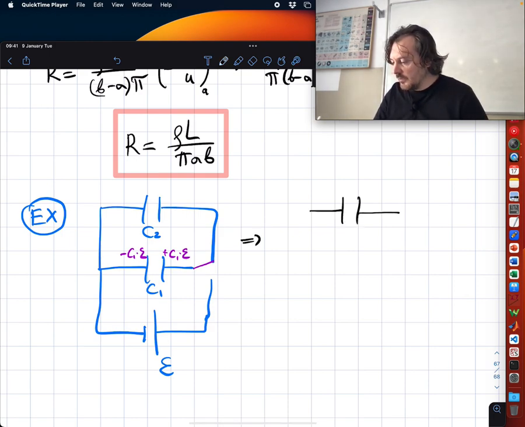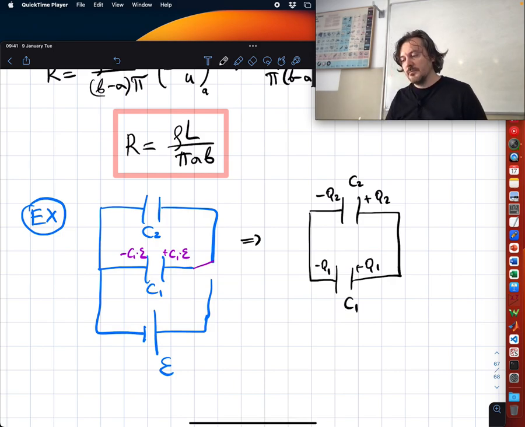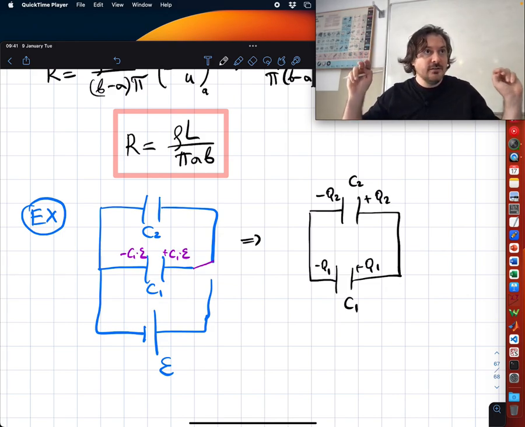But in the meantime, eventually this will turn into the following situation, right? There will be plus Q2 here, plus Q1 here, minus Q1 here, minus Q2 here. This is C2 and this is C1. So although they are in series, in terms of the formulas, they are in parallel.